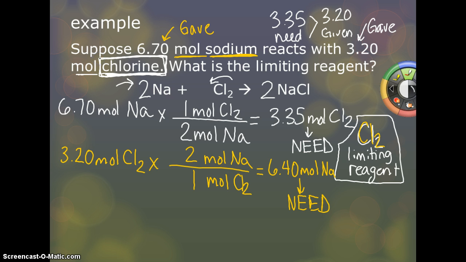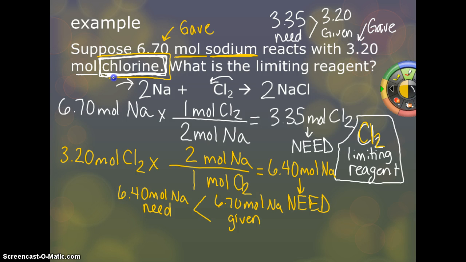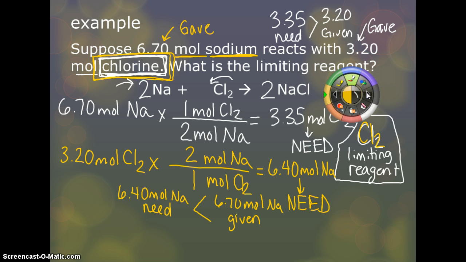If your need is less, so we needed 6.40 moles of sodium, that's our need. If your need is less than your given, 6.70 mole of sodium given, then the other substance is your limiting reagent. That is, again, the chlorine. So either way, doesn't matter what you start with, everybody's going to come to the same conclusion as to what your limiting reagent is going to be.